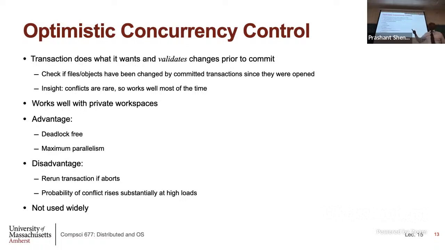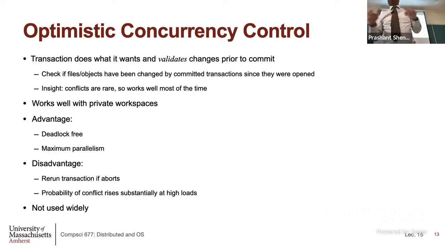The reason this works well is conflicts are actually rare in large databases. Different transactions work on different parts of the database. If you're working on two different parts of the database, there should not be a conflict. If you go back to the airline booking, if you are booking a ticket to go to Delhi, somebody else is booking a ticket to go from Chicago to, let's say, Los Angeles, those two transactions are not going to conflict because you're looking at completely different flights altogether.